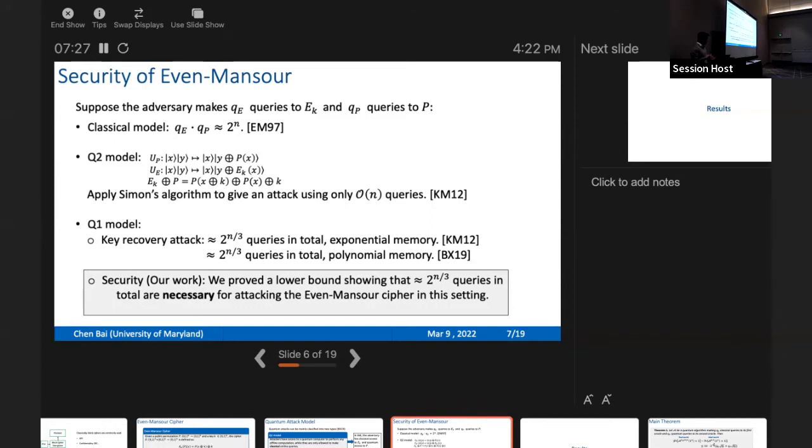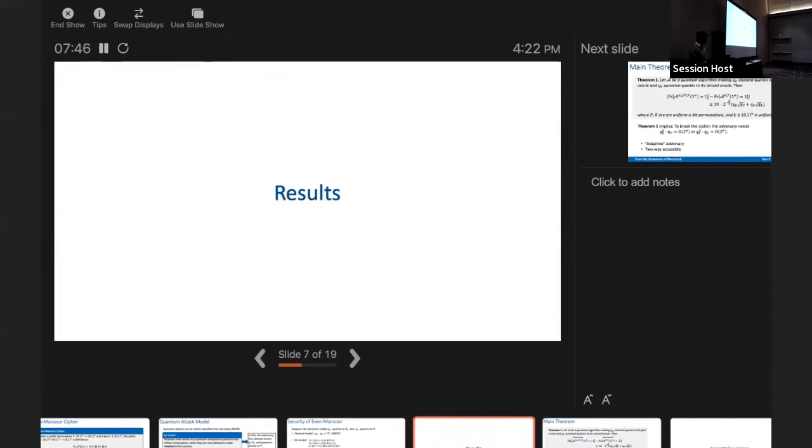But all those are attacks; whether the Even-Mansour construction is secure in the Q1 model hadn't been answered yet. So our work answered this question, and we proved a lower bound showing that 2^(n/3) queries in total are necessary for attacking the Even-Mansour cipher in the Q1 model. Next I'll talk about our result.